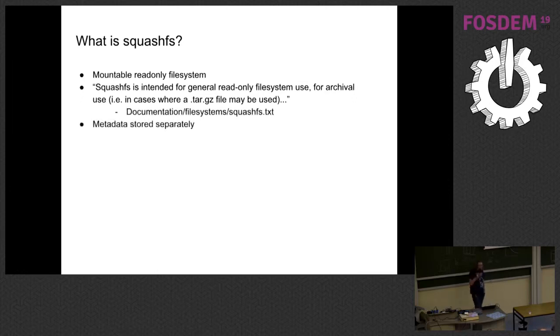So one of the advantages of Squashfest is that the metadata is stored separately. If you know how a tar file works, it's basically just a concatenation of first there's a header, and then the header describes if there's going to be any data. There's the data, and then there's another header, and then there's more data. So if you want to open the last file in a tar archive, you'd have to seek all the way through the whole thing.